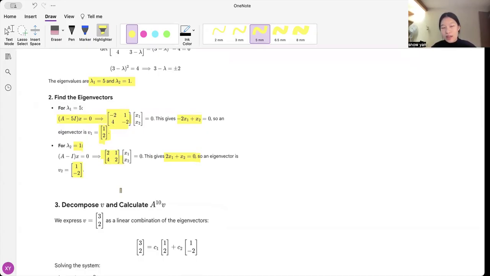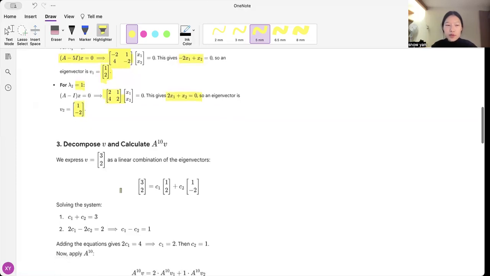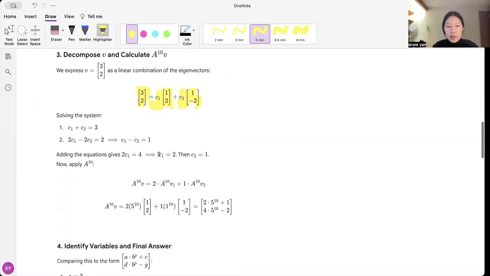Now, once we get these eigenvalues and eigenvectors, we kind of have two ways to work around this. The first way is to express V as a combination of the eigenvectors. So we know 3, 2 can be represented with our eigenvectors with some coefficient C1 and some coefficient C2. So then we find what C1 and C2 are based on this. And we find that C1 is 2, C2 is 1.